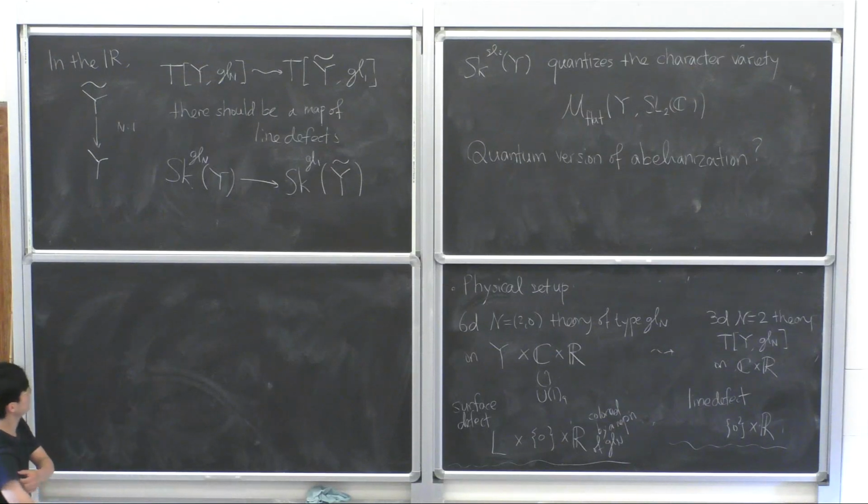In fact, this problem of finding this homomorphism can be solved explicitly in the case of surfaces and branched double covers.